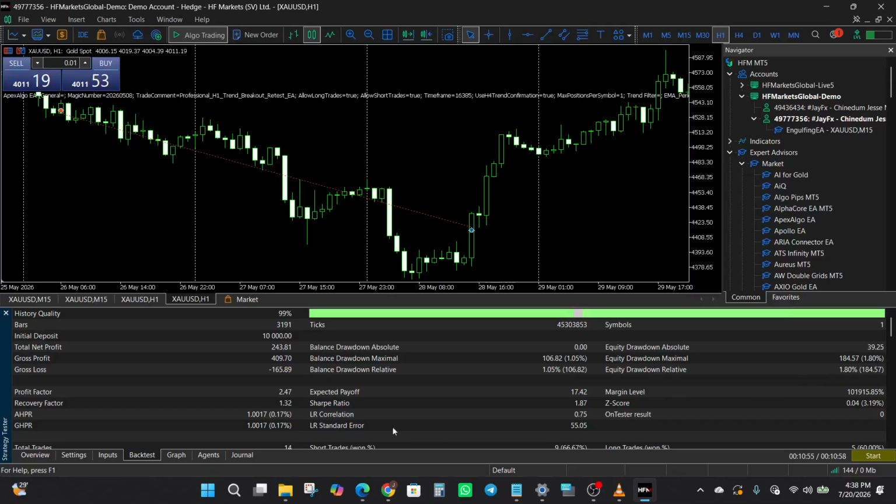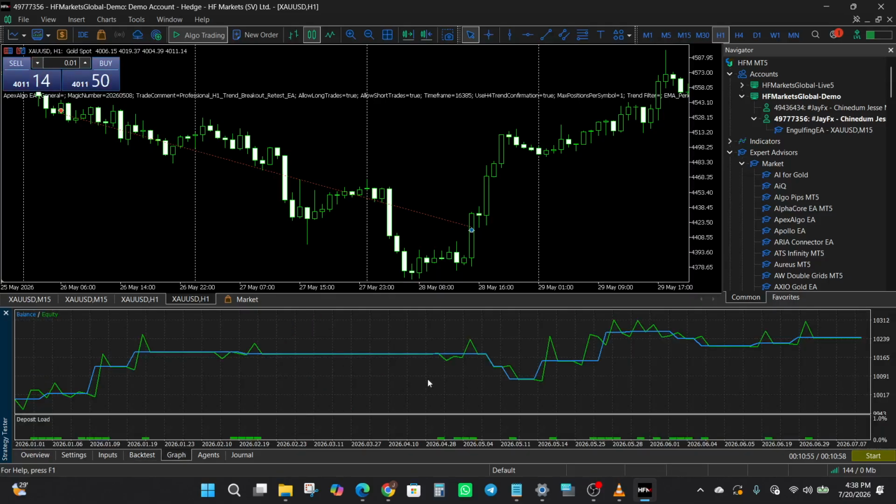The equity curve shows steady gradual growth without extreme spikes or deep drops. We can see how initially the equity and balance curve was kind of rough, and then it just remained steady. Am I saying 2 months plus? This was from towards the third week of January up until the first week of May.